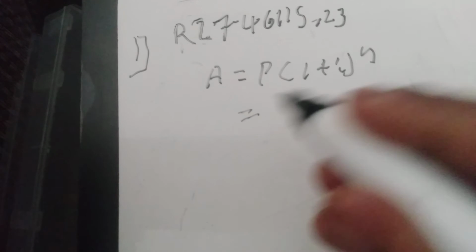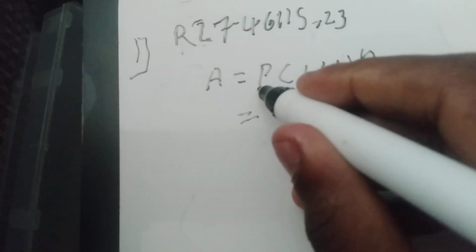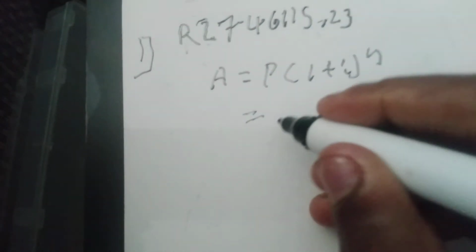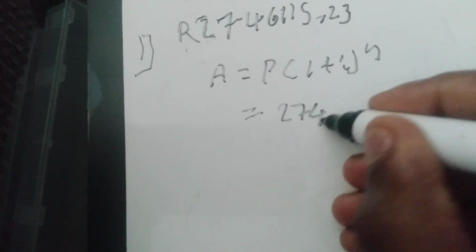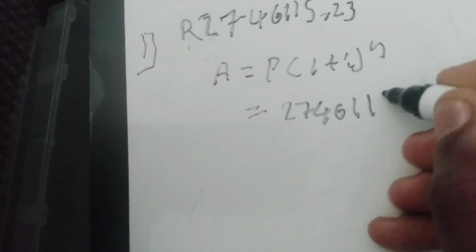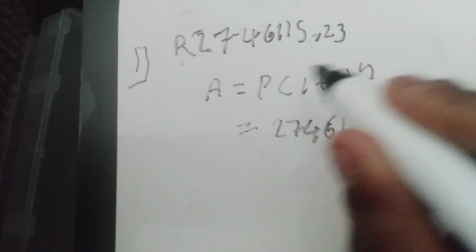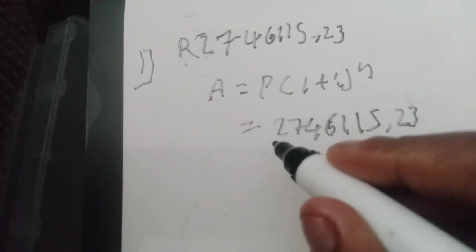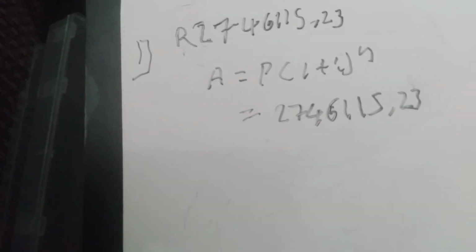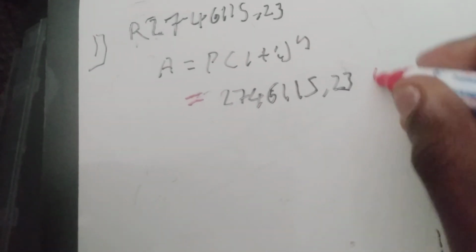What's going to grow after this? Your principal amount now becomes 2746115, and this was a rounded-off answer. We're dealing with cash, so we had to round off to 2 decimal places. And then this is going to be in brackets.